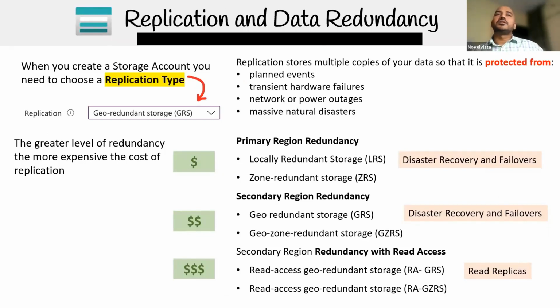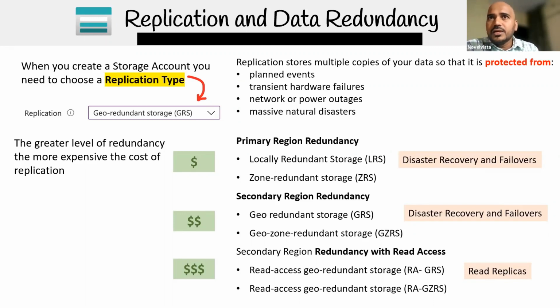Now, what replication is? Replication means when you create a storage account, let's say you create a storage account with standard performance, hot tier, and you upload some data on it. You upload some 500 GB of data, which is a couple of files, a couple of folders, different types of files, Word, PowerPoint, Excel, and whatnot. Now, there are different options to create multiple copies of that data.